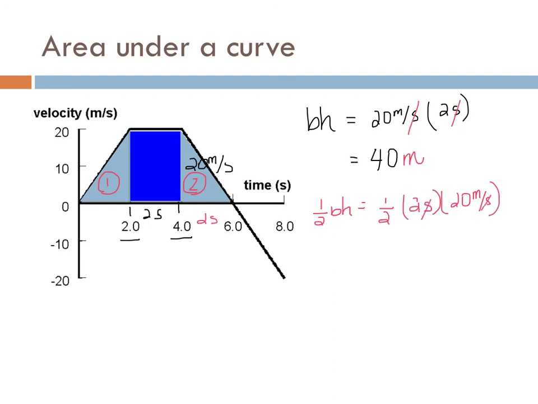Again, our units work out, we get 20 meters. This doesn't mean, and I know it's a little confusing, that it looks like we've gone back to our position, but remember that we are looking at a velocity time graph instead of a position time graph. So again, we are only being displaced 20 meters here, meaning that we haven't turned around or anything, we just slowed down, but we'll talk about that example later.